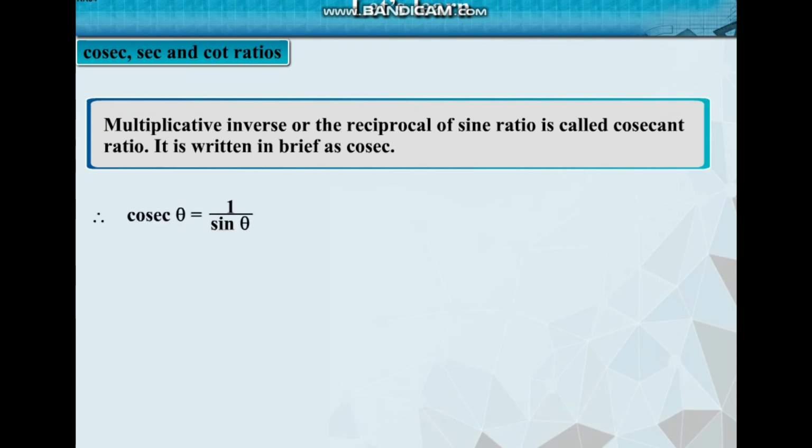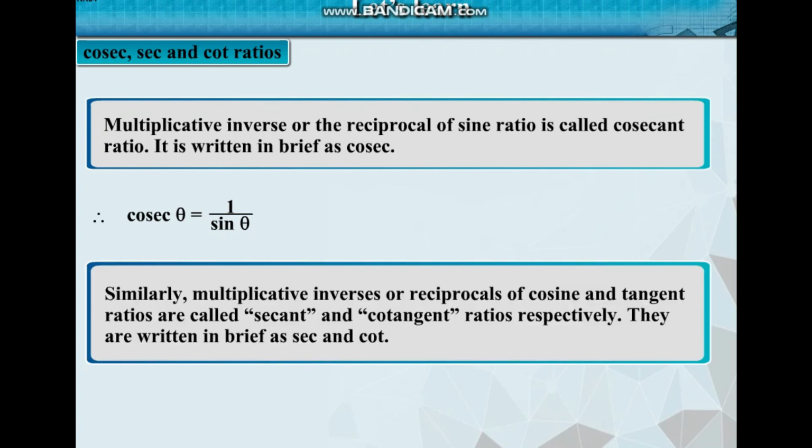Therefore, cosec theta is equal to 1 upon sin theta. Similarly, the multiplicative inverses or reciprocals of the cosine and tangent ratios are called secant and cotangent ratios respectively. They are written in brief as sec and cot. Therefore, sec theta is equal to 1 upon cos theta and cot theta is equal to 1 upon tan theta.